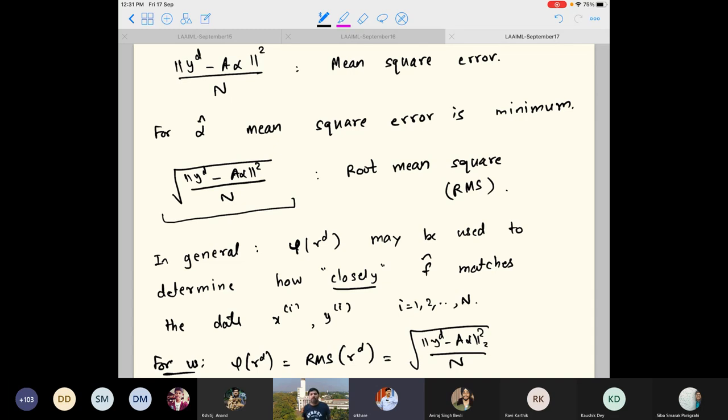So this is the phi of rd for us, and this will give rise to the least squares estimate of alpha, the model parameters. Is this clear, how the data fitting is really going to happen?